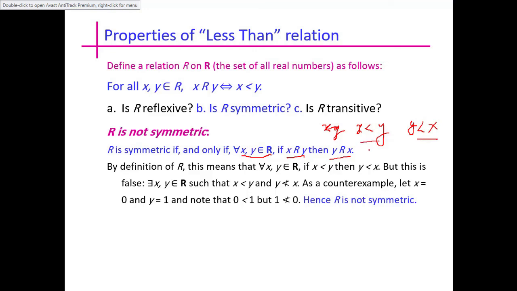And we know that this is not possible, since we take a counter example here, which is 1 is less than 2 and 2 is not less than 1. So this relationship is not a symmetric relation.